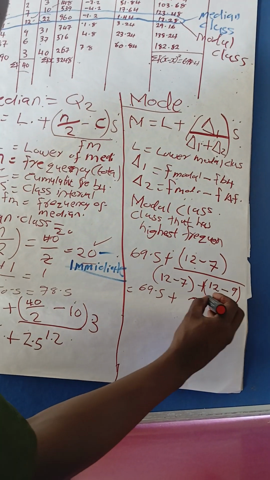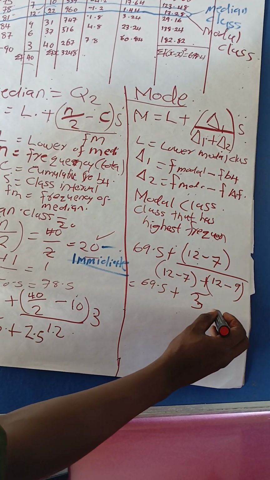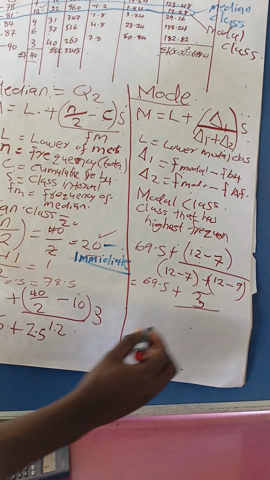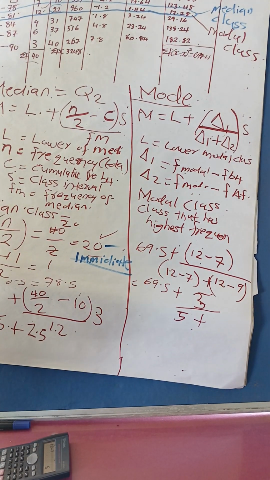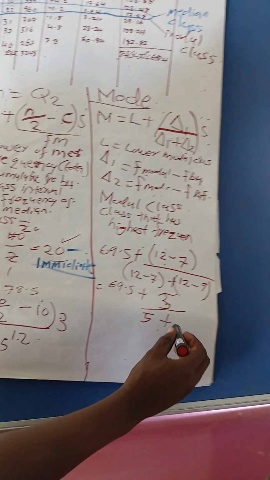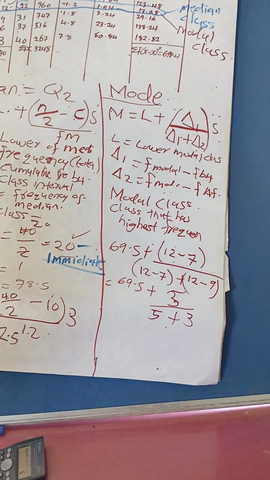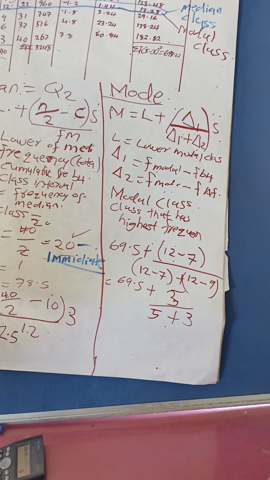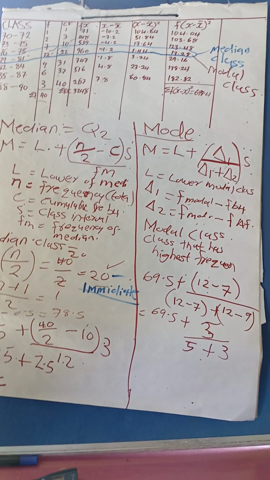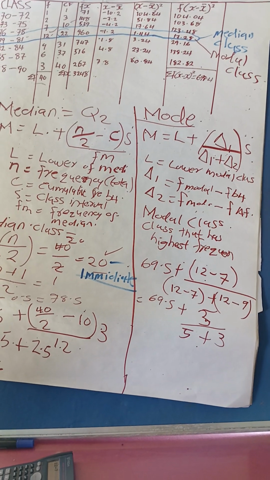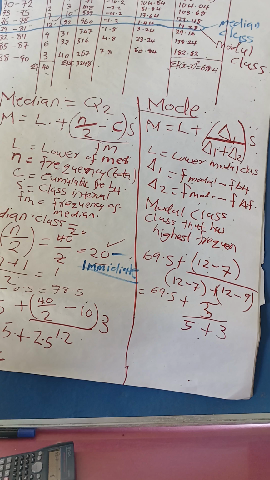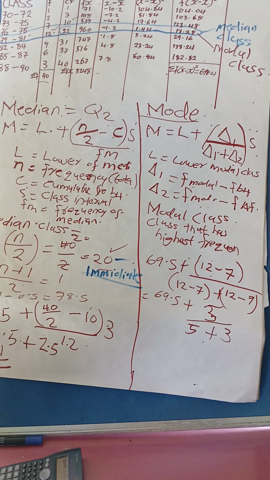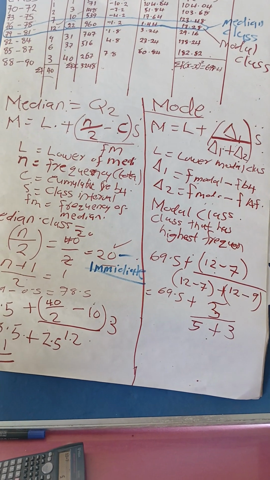So it will be 5 divided by 5 plus 3. On top we have 5, and at the bottom 5 plus 3.